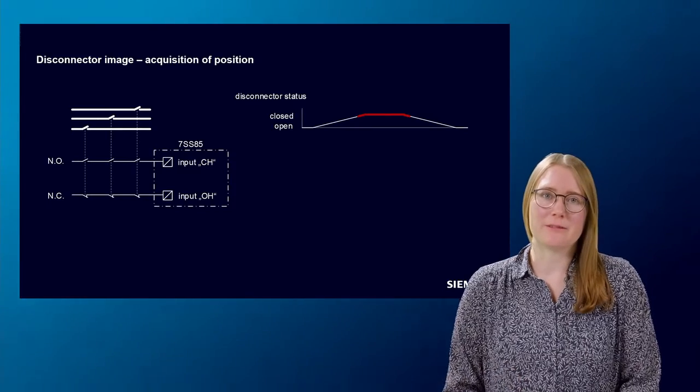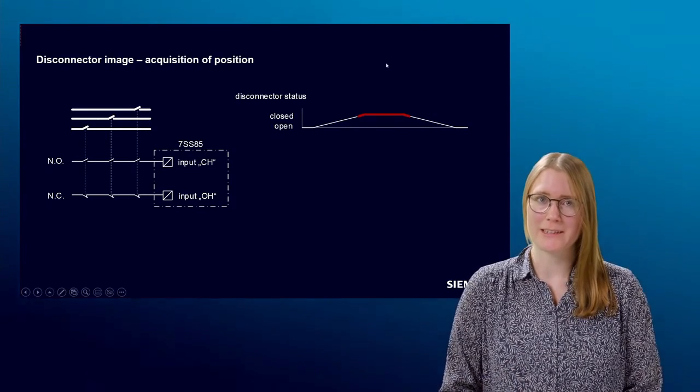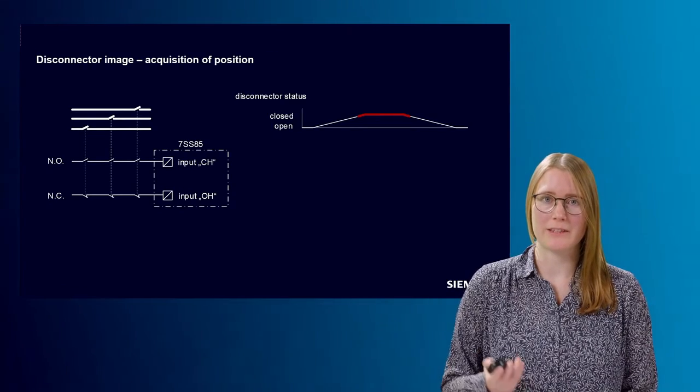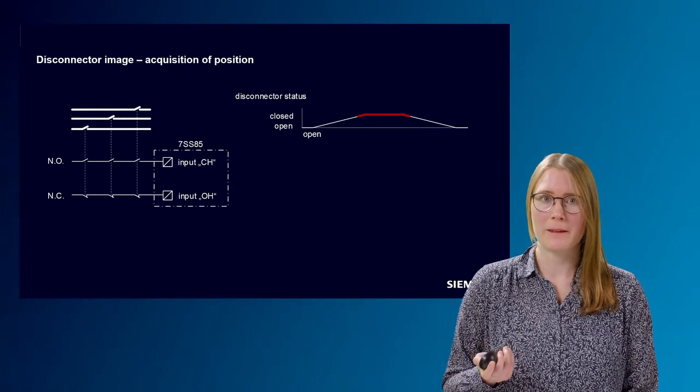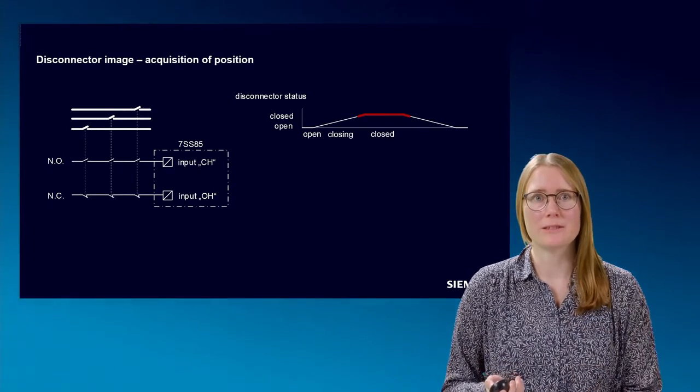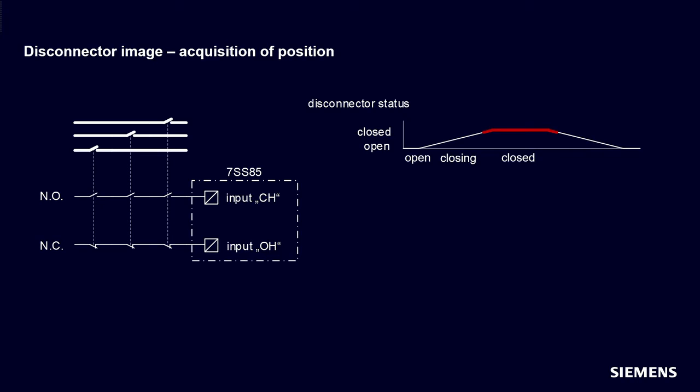The first diagram on the right side of the slide shows the status of the physical switch. It changes from open to closing, to closed, and back to opening and open. In the red marked area, arcing is possible. The feedback of the normally closed and normally open contact are the final position of the switch.